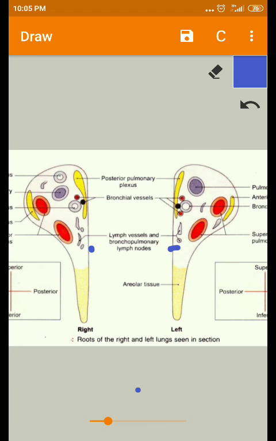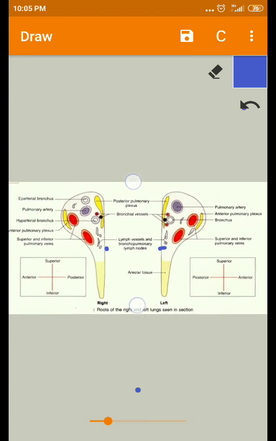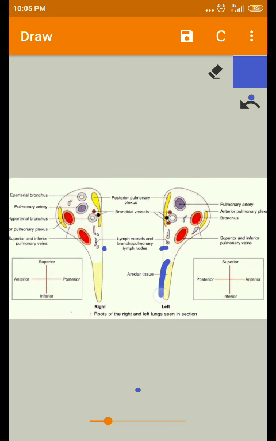Next, this elongated portion of the lung is called the pulmonary ligament, and it is filled with areolar tissue. These are the structures present inside the root.